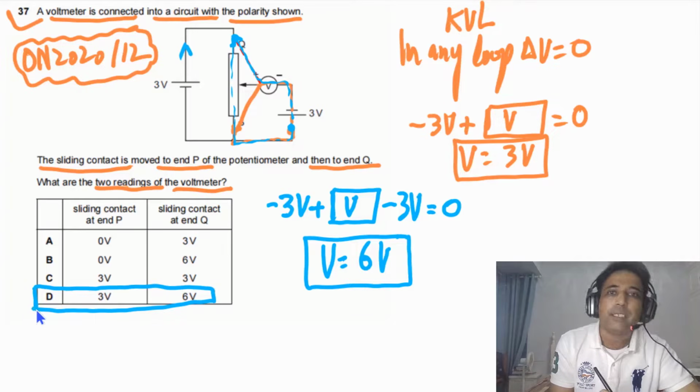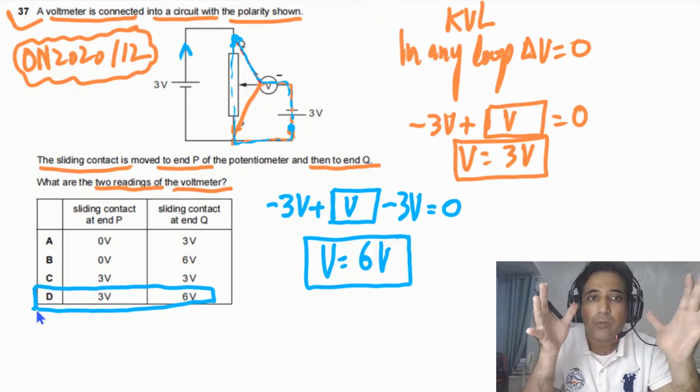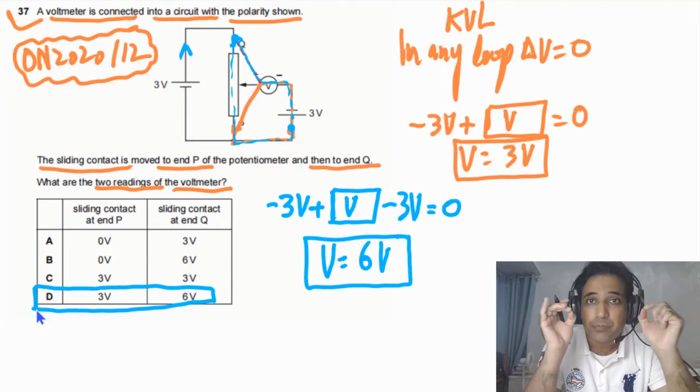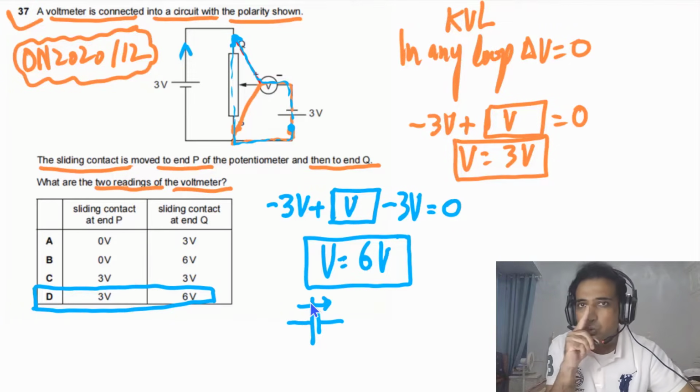A very nice question. You need to understand how to use Kirchhoff's second law for this type of problem. A beautiful approach. I hope this one is clear to you. You need to understand, if you go from the positive terminal of the battery, this way, we go from high potential to low potential.